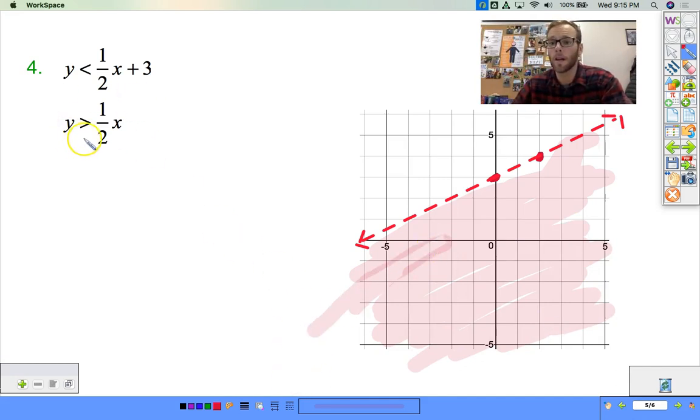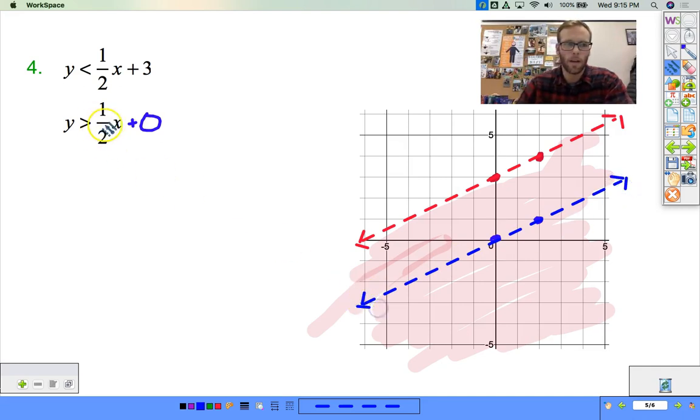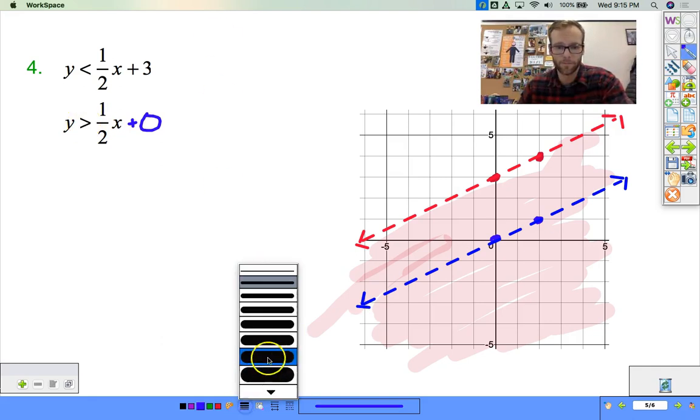All right, we go to the next one. What's our y-intercept? This is really plus 0, isn't it? So our y-intercept is 0. Our slope is 1/2, up 1 over 2. This line is also dashed. And this one, we are shading above that line, aren't we?